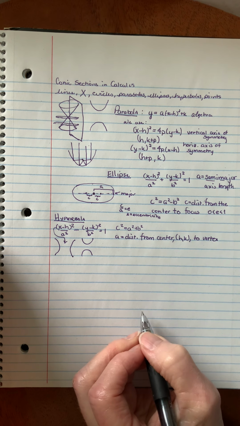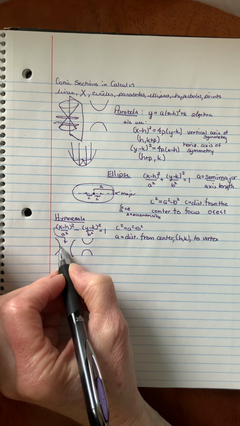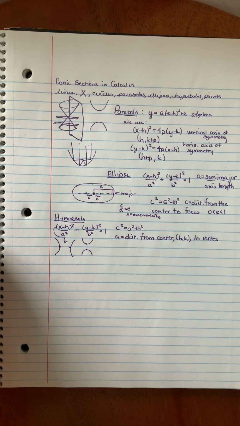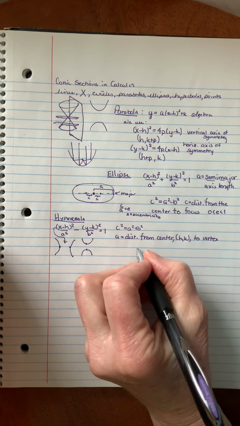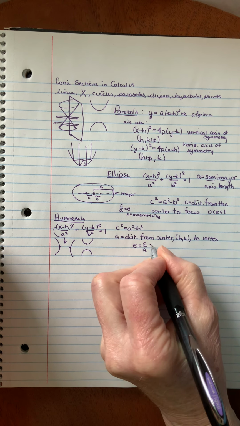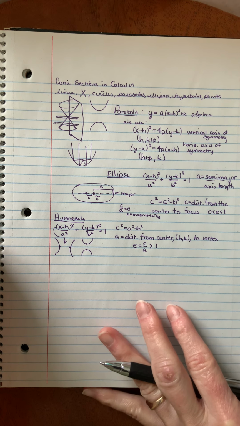You could kind of come up with 4, but there are only 2 that have graphing parts to them. Here's a vertex and here's a vertex, or here's a vertex and there's a vertex. So it's like a vertex on a parabola. e equals c over a is the eccentricity, and it's got to be greater than 1 if you've got a hyperbola. So they're pretty eccentric as well. Okay? So those are the basic ones that we're going to work with.